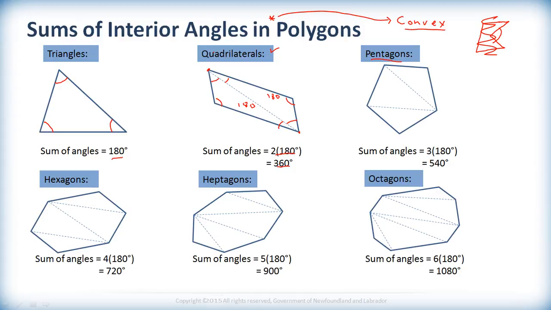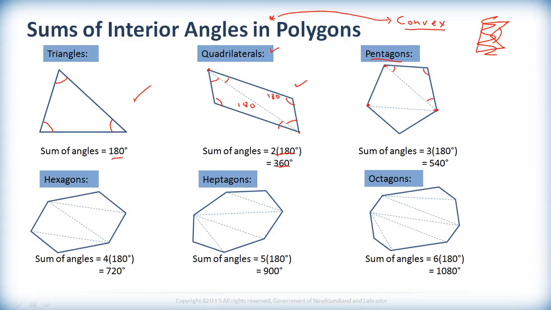So we'll go to 5 sides now. Well, we're going to use the same sort of theory. We're going to split this by connecting certain diagonals. Let's just see the points we're using here first. We're going to split this into 3 triangles. So we have one triangle for a 3-sided figure. For a 4-sided figure, we can create that with 2 triangles. Any pentagon that's convex can be created, as you can see, from 3 triangles.